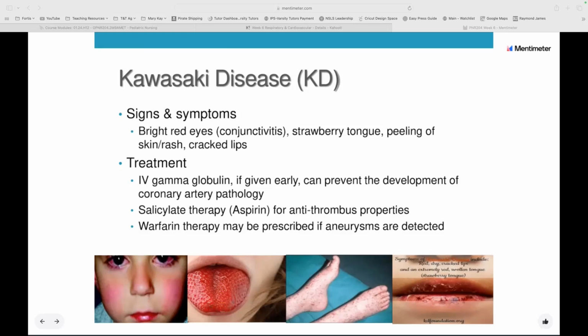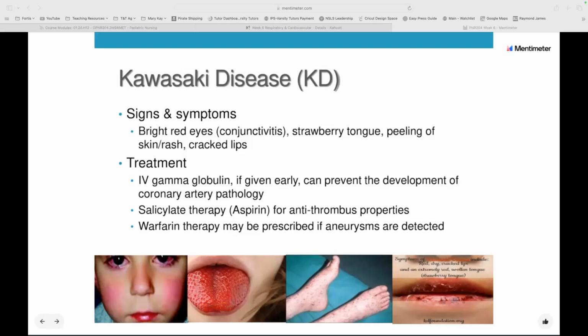And that swelling and inflammation can weaken the walls of our vessels. So we often end up with an aneurysm where we've got that big dilation in one of the walls of the blood vessel. And those can also cause blood clots to form, which can be life-threatening.